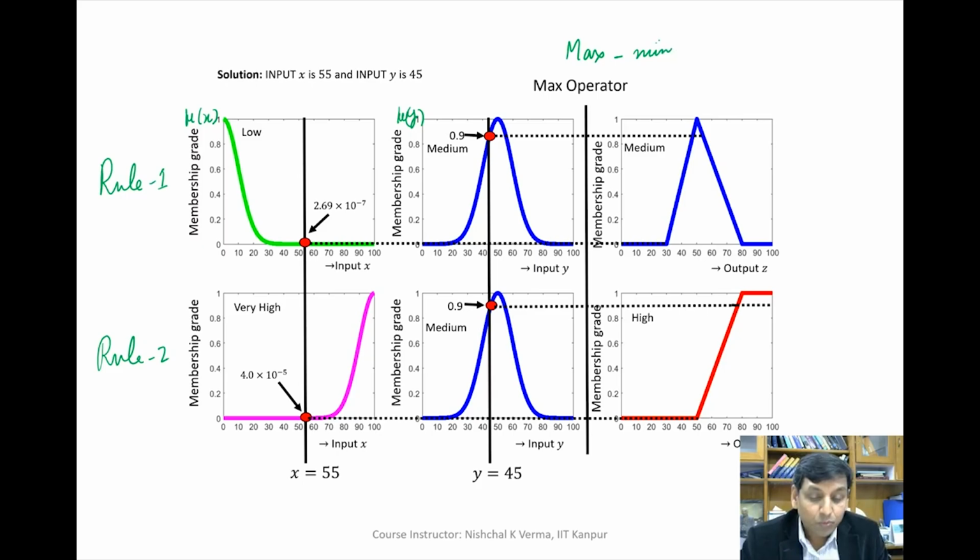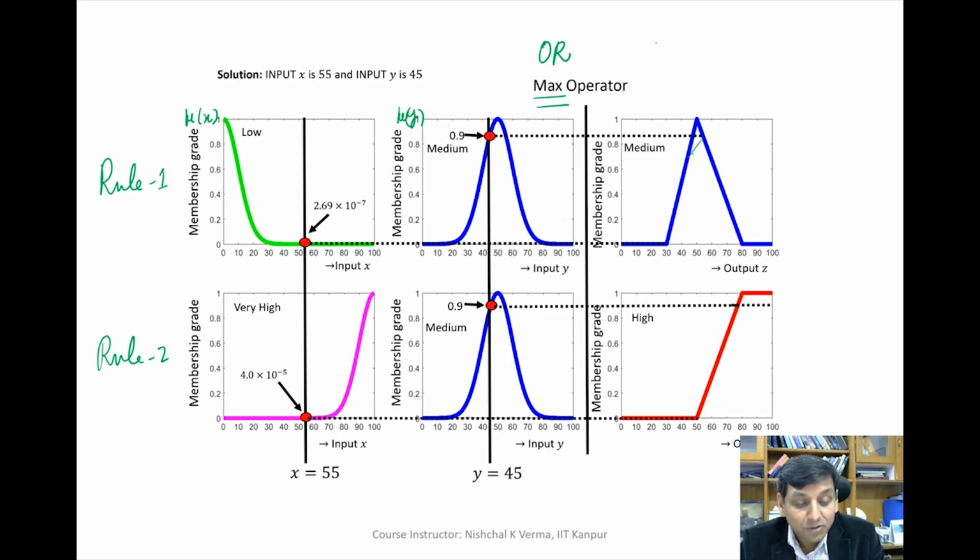so what we are doing here is that since we have the connective OR, please understand, we have the OR connective. So for the OR connective, we'll use max instead of the min. So that's why we are taking the max of the 2.69 into 10 raised to power minus 7 and 0.9.